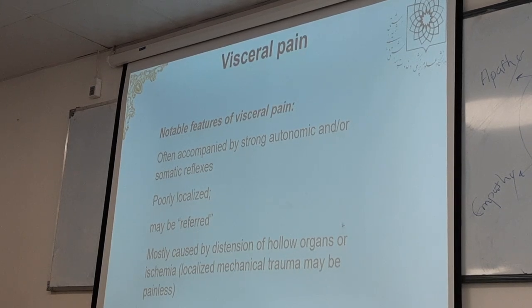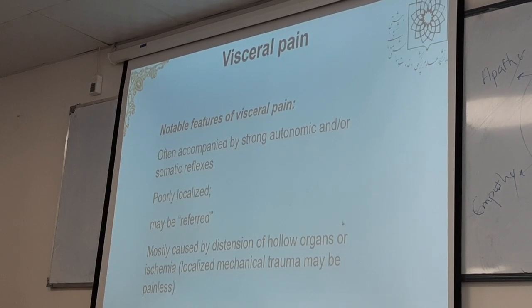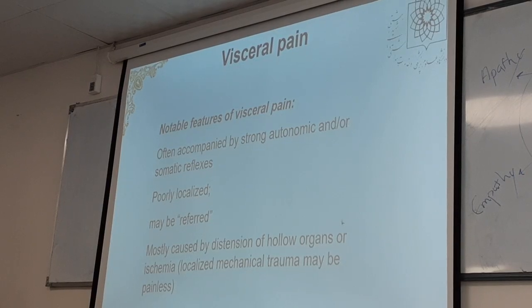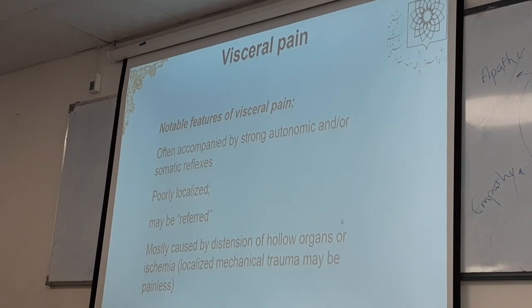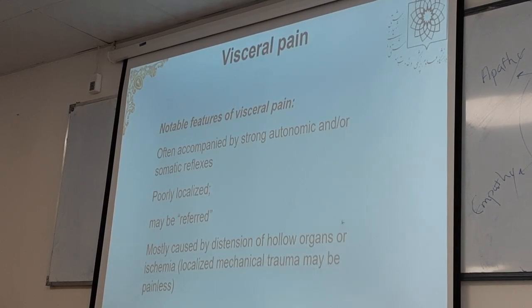Therefore, it has a high degree of pain. In the intestine, instead, there are pain receptors, but the number is not very high. Therefore, if we cut a piece of intestine, the pain is not very severe. Instead, when a large piece of the intestine is affected, for example, distended, it generates pain.